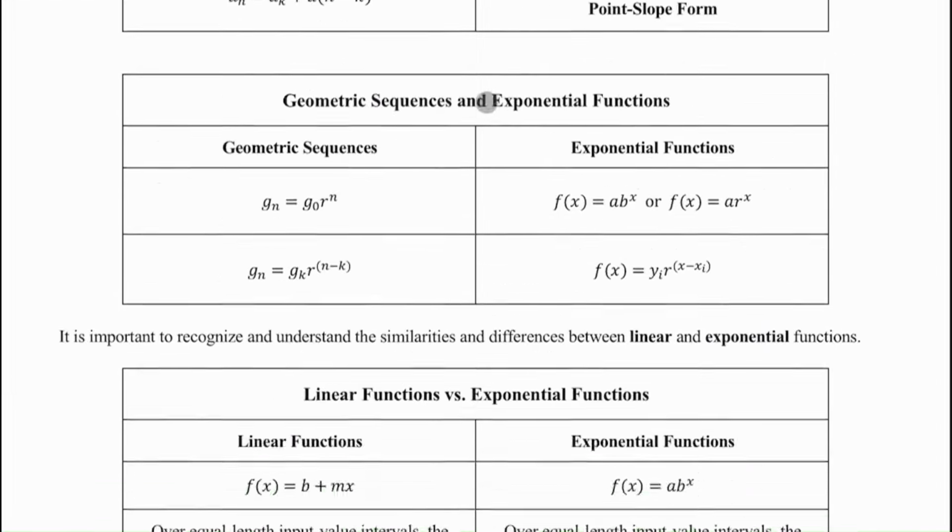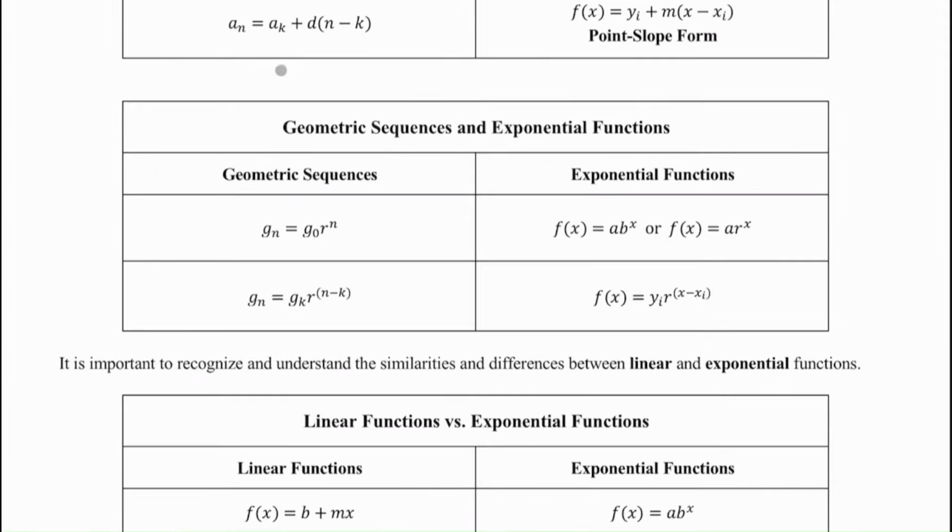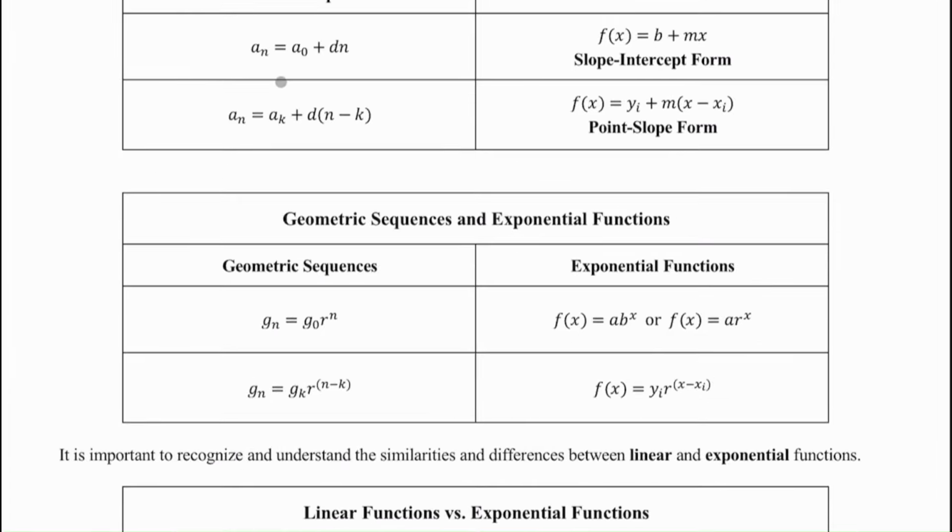For the sequences, the term number is the x and the term value is the y. For example, if the second term of an arithmetic sequence is equal to 50, then 2 is n, and n is basically the x value, because they're in the same spot. So 2 would be the n, and 50 would be the y.